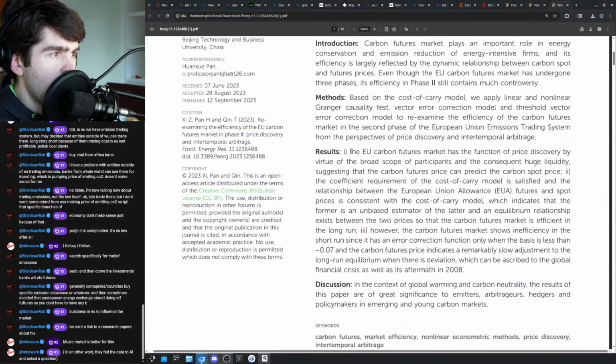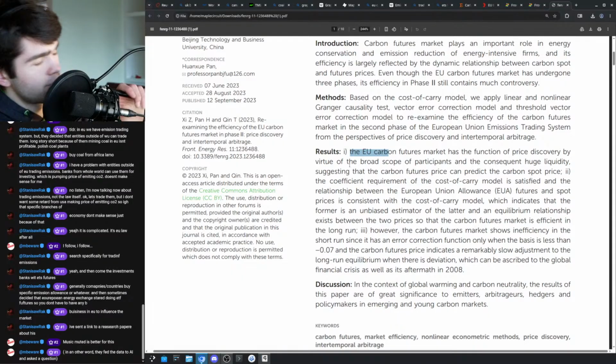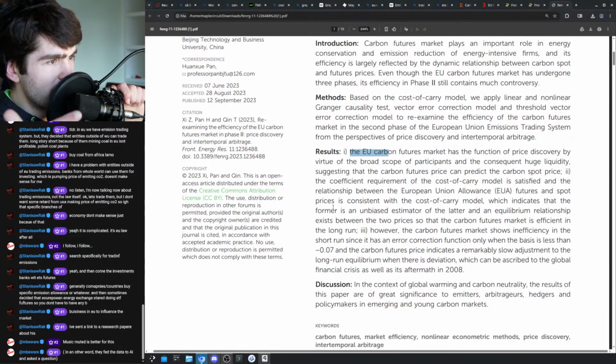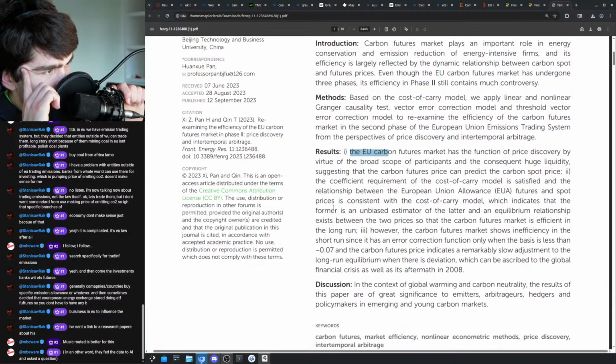Good, let's go. The EU carbon future market has the function of price discovery by virtue of the broad scope of participants and the consequent huge liquidity. Okay, I'm going to probably read it multiple times because sometimes I feel like I'm skipping things.